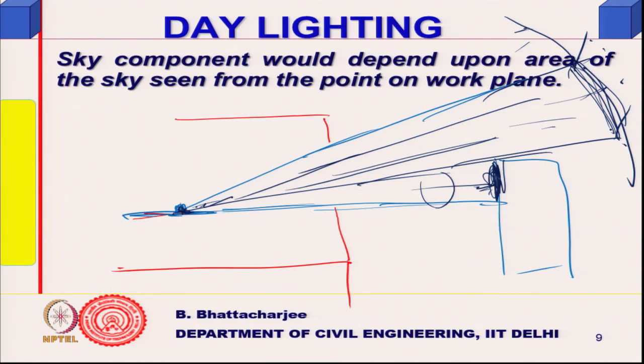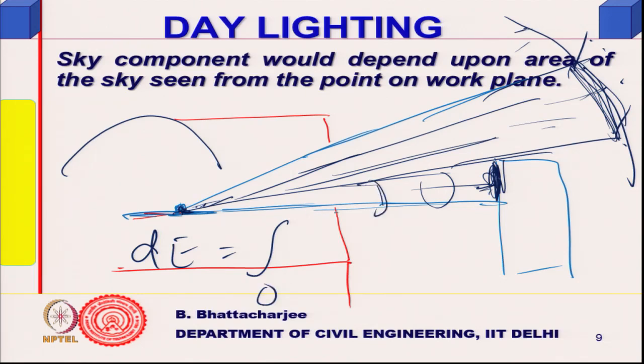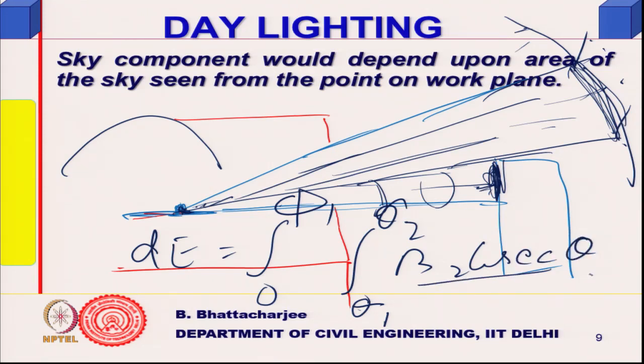Now, the only thing is that the area is not the full sky vault, but the same formula applies. So, the brightness of this is known, and dE will simply be the integral from 0 or some value of theta, depending upon what you define, to some theta 1 angle to theta 2, of Bz cosec theta, or whatever the Bz is, d theta d phi.